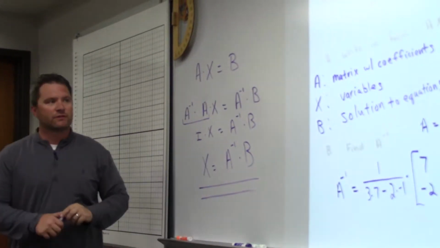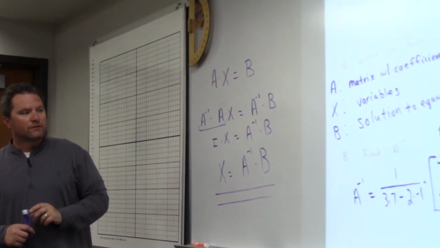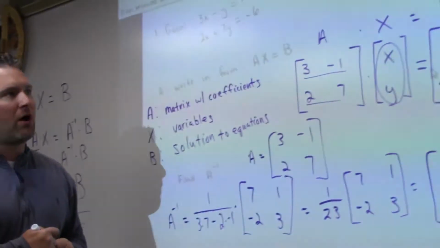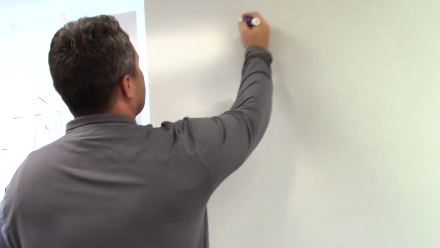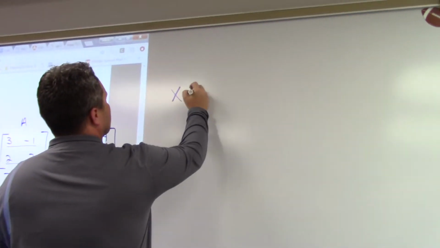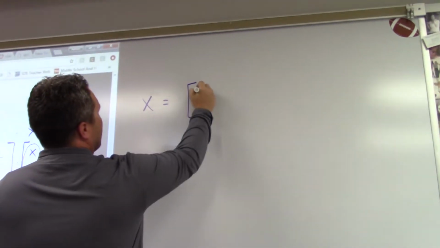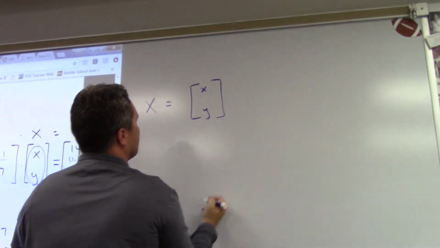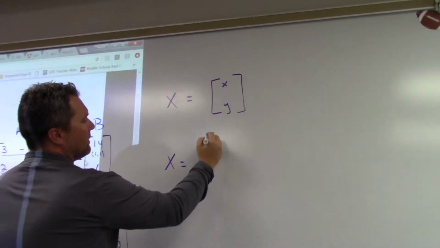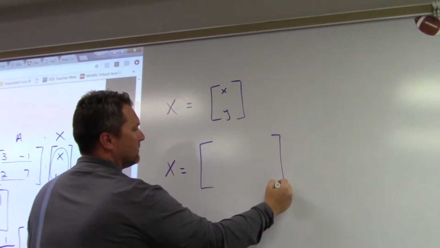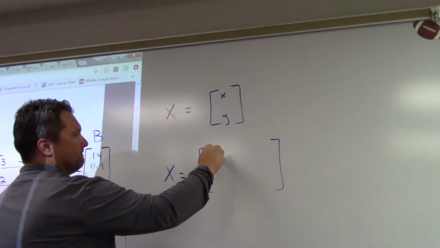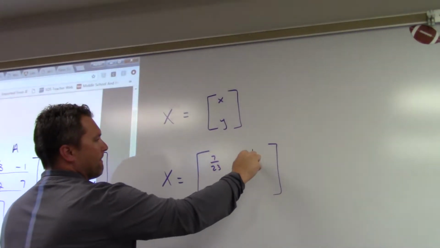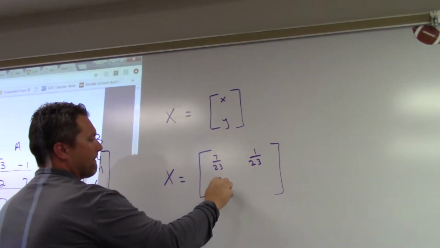Solutions. Okay, so let's solve this. For matrix X, which was equal to X, Y, we're going to get that X equals A inverse, which was 7/23, 1/23, negative 2/23, and 3/23.